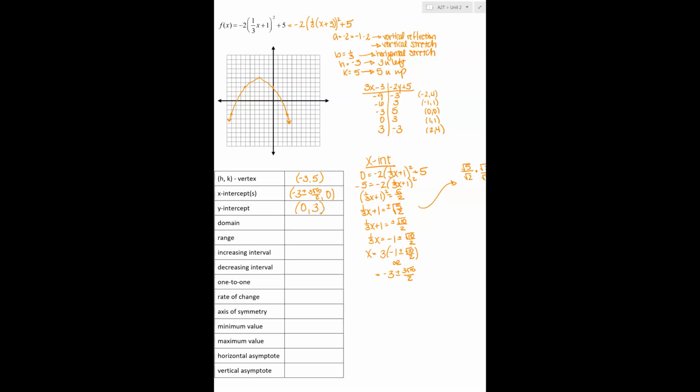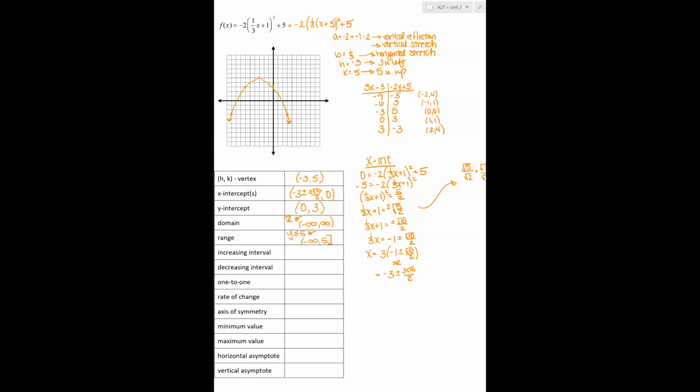Okay, domain, again, all real numbers or -infinity to positive infinity. The range goes from either the minimum up or the -infinity to the maximum. That's where we're at right now. So y is less than or equal to 5. Or we're going to say from -infinity to 5 inclusive with a bracket. Okay, always go from smallest to largest.